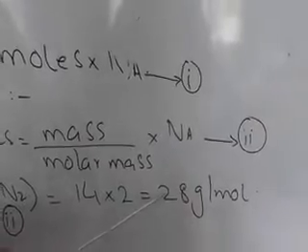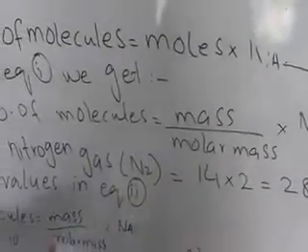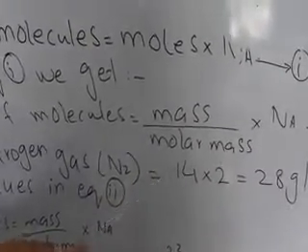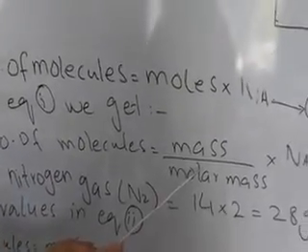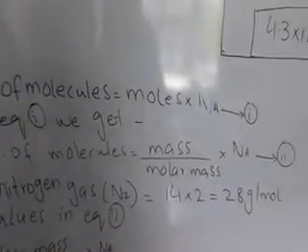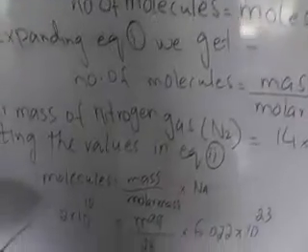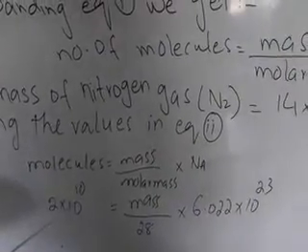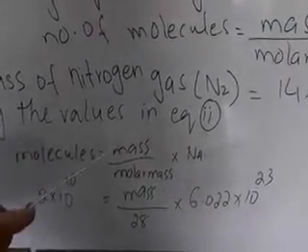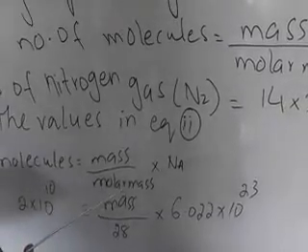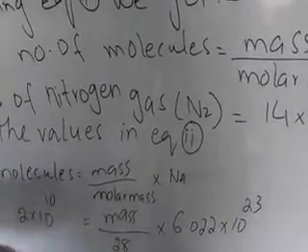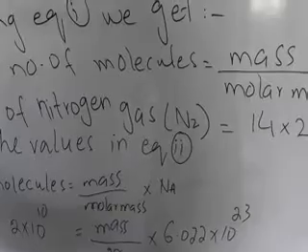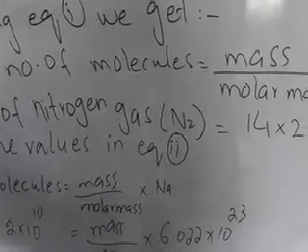Now putting all these values from here and from the data into our equation number 2, we get: molecules 2 into 10 raised to power 10, mass to be calculated, molar mass 28, Avogadro's number 6.022 into 10 raised to power 23.